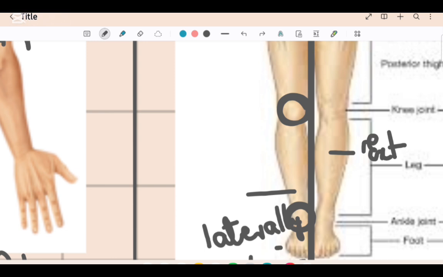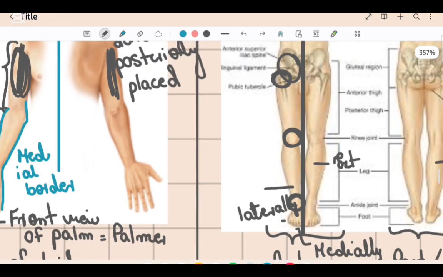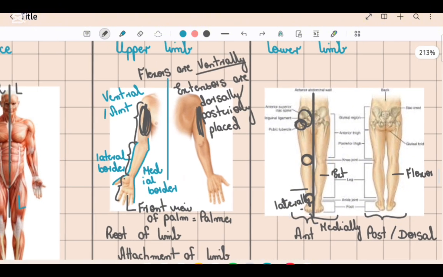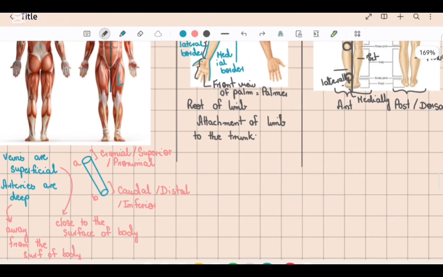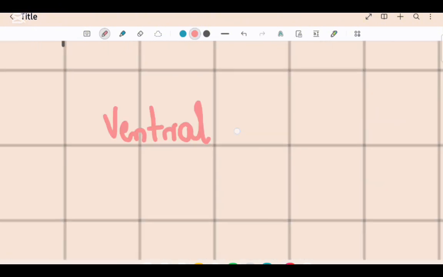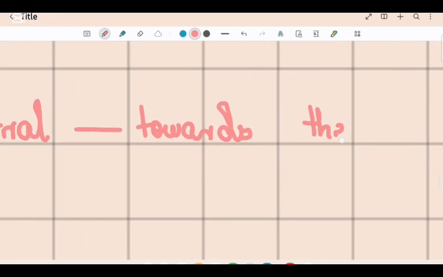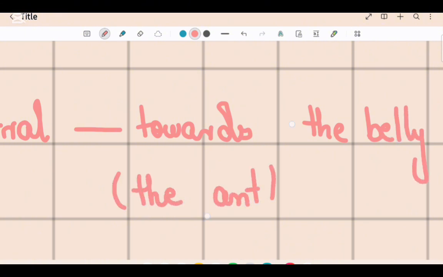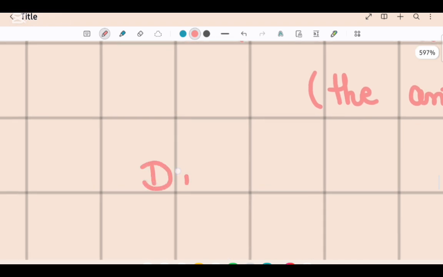The root of the limb is basically where your limb is getting attached to the trunk. Now the terms which are basically used in embryology and comparative anatomy. Ventral is towards the belly, the anterior one, and dorsal is basically the opposite of it, that is away from the belly or towards the back, like the posterior one.